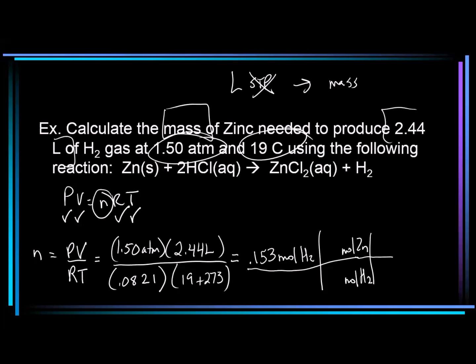Where do we get those numbers? 1 to 1. And then finally we go to the bank to exchange our moles of zinc for grams of zinc, and the bank will always give us, for every 1 mole, the formula mass.